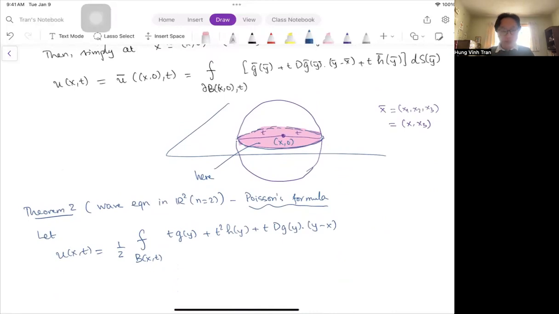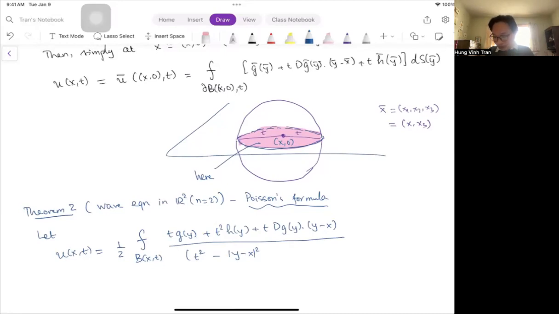Because I'm projecting everything down to this circle, I have to do a change of variable, and the change of variable results in this factor in the denominator, t squared minus |y minus x| squared, to the power 1/2, dy. This is clear because we were on the sphere.